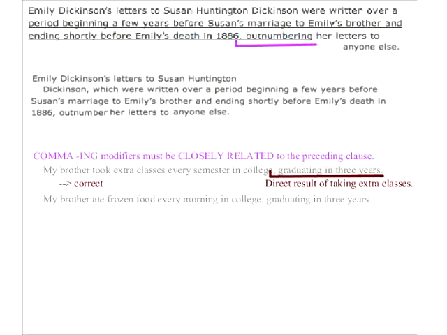These are two separate observations about my brother. So smiley face if this makes sense. When you use a comma ing modifier, you have to have an actual close relationship. Generally, there are further restrictions on those relationships.